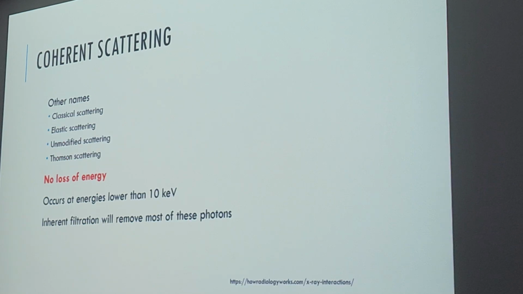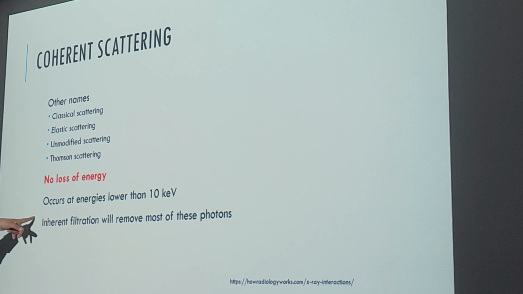Coherent scattering has other names: elastic, Thomson, classical, and unmodified. With coherent scattering, there is no loss of energy, and I'll explain what that means in a second. These typically occur at energies lower than 10 keV, so very low energy.